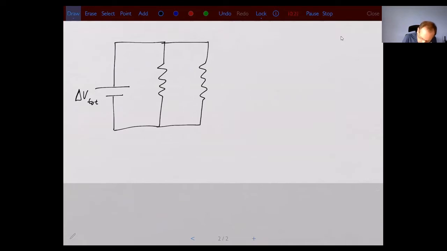This would be, say, R1. And the voltage drop across it would be delta V1. This would be R2. And the voltage drop across it would be delta V2. The current traveling through this part of the circuit is I total. Or remember, this is also going to be I total. And then the current going through just that first resistor, I'll call I1, and the current going through the second resistor, I can call I2.